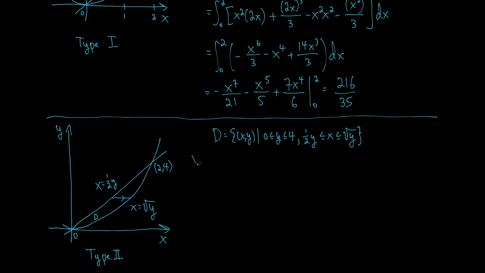So this means that we could write our volume as the double integral over D of x squared plus y squared dA. That's the function floating above. And using Fubini, we get that that's the integral from 0 to 4 for y outside, and then inside is from half y to square root y of x squared plus y squared dx dy.